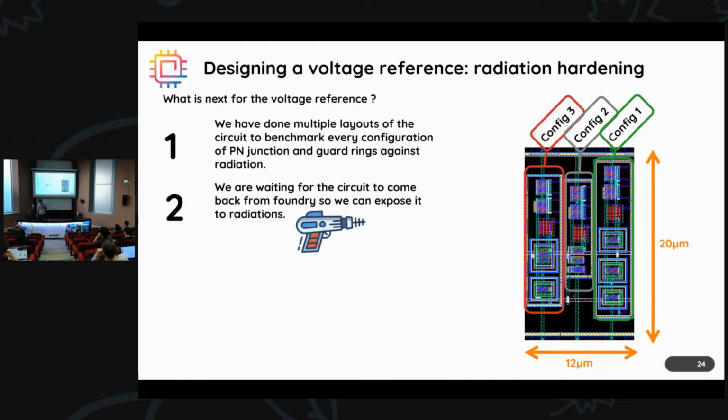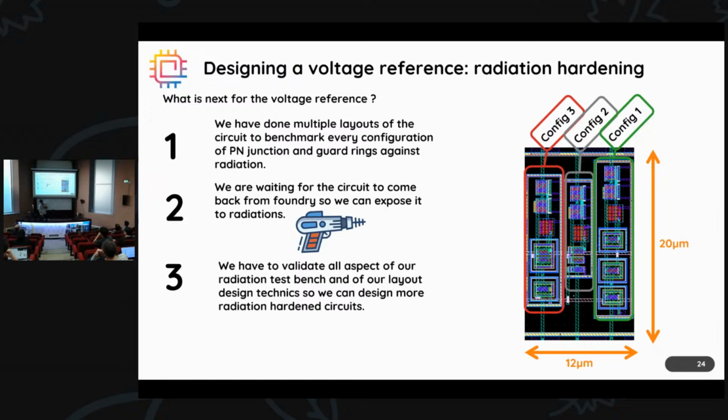So now we are waiting for the circuit to come back from the foundry so we can expose it to radiation and test it. Then after this, we will have to validate all aspects of our radiation test bench and of our layout design techniques so we can design more radiation hardened circuits.